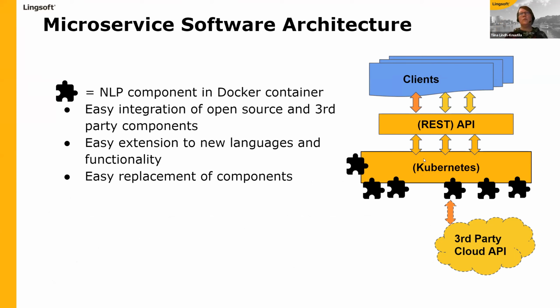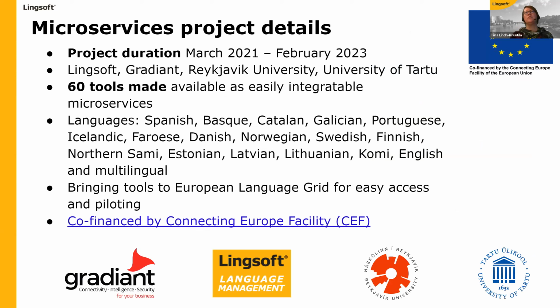And here in Kubernetes or some other platform, then you can just add these, or sometimes even, like Katrin said, that is also possible in the ELG. This can be just a proxy that then calls a third-party cloud API. So adding new languages is easy. You can replace components, everything like that is also easy. So here we now come to the project details in a nutshell.